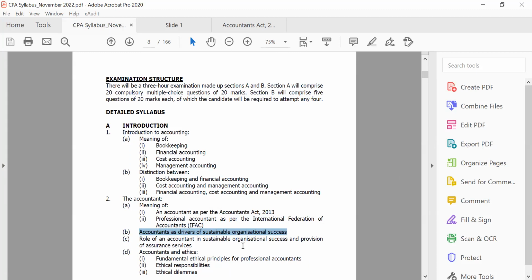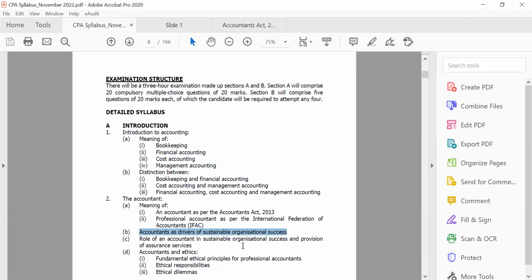Okay. We have seen the definition of an accountant. Okay. We've also seen other branches of accounting. So from there, you can explain and present your case that an accountant is a driver of sustainable organizational success.